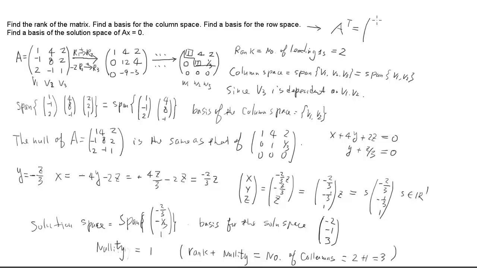So the first row is over here, the second row is over here, and the third row is 2, negative 1, and 1. Then you perform the elementary row operations, and we can get the same kind of basis. The basis should consist of only 2 vectors.